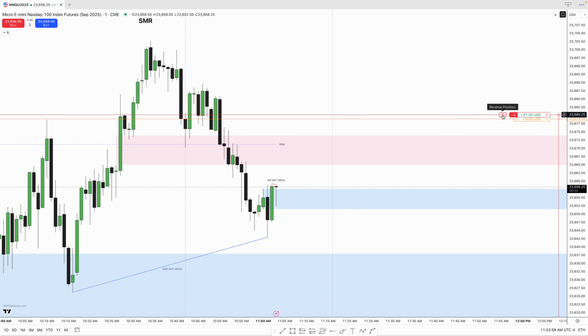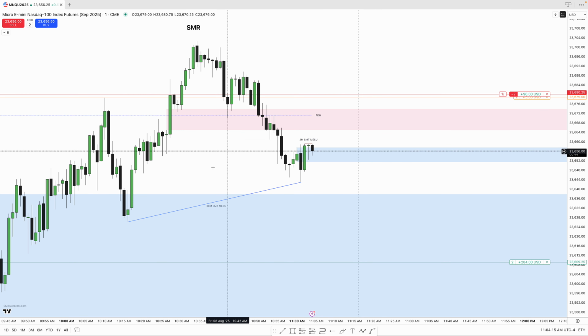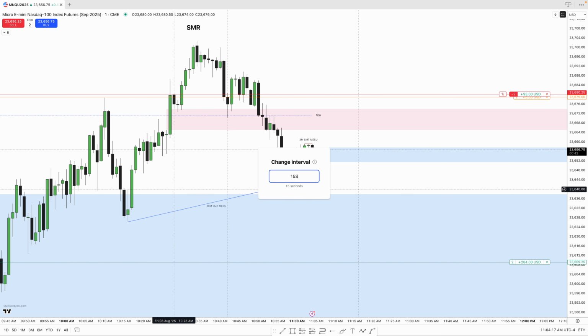Just get out, reverse it. I just don't like the SMT on the high, and then it's not really at the POI. It's in this fair value gap. Let's see what the 15-minute looks like.